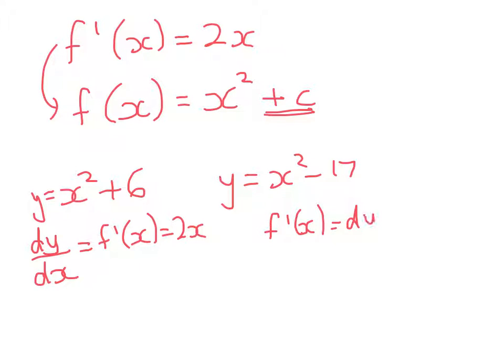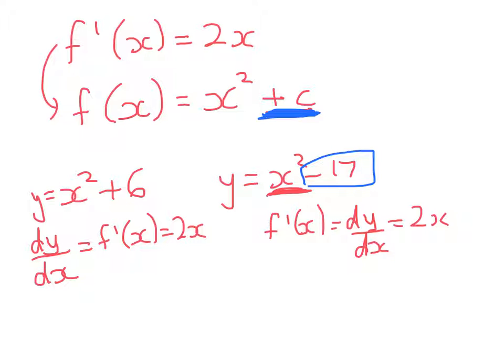Same thing for this one here. This part here will differentiate to give me 2x, but we know that the constant term differentiates to nothing. So the trick with antidifferentiation is remembering that until I get given more information, and we'll come to that tomorrow, I'm going to have to include this plus c term on it here.